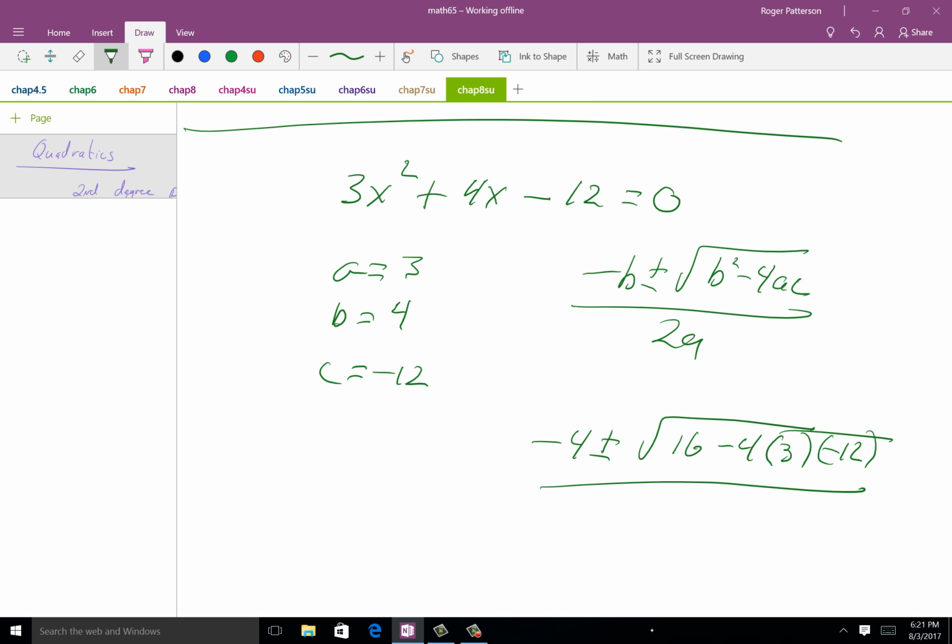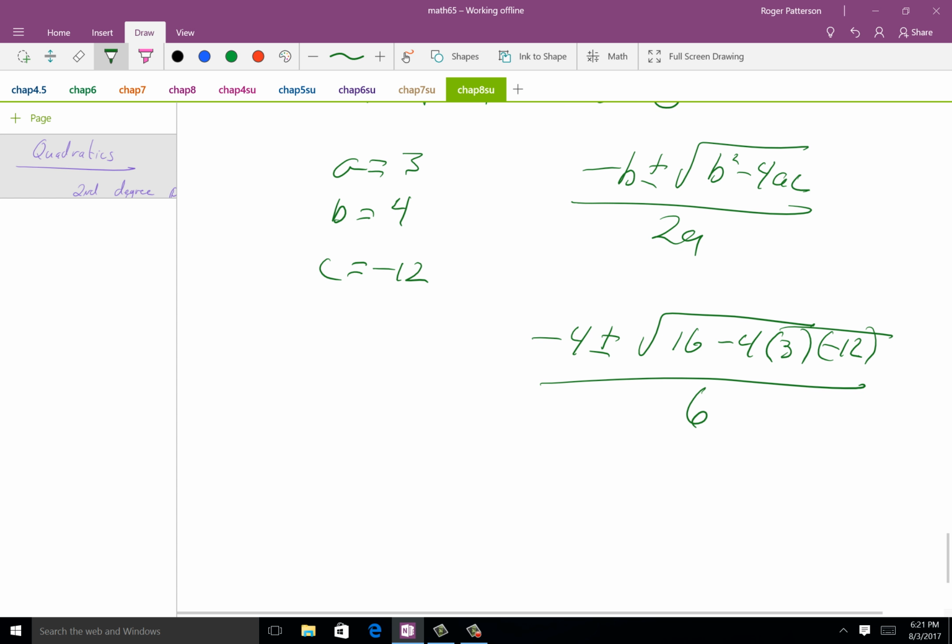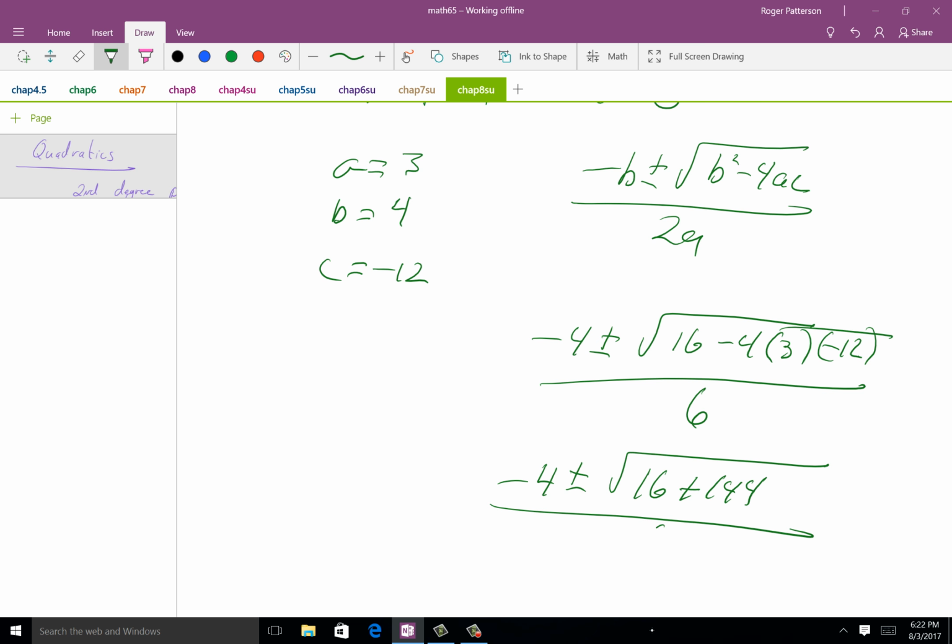And here I'm just going to go 2 times 3. All right, do that part in my head. Okay, so let's see. Now we have 4 times 3, 12 times 12 is 144. That's a plus 144, since we have a minus and a minus.